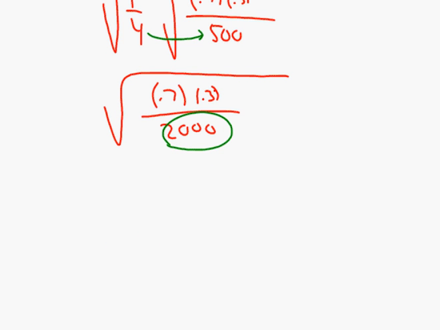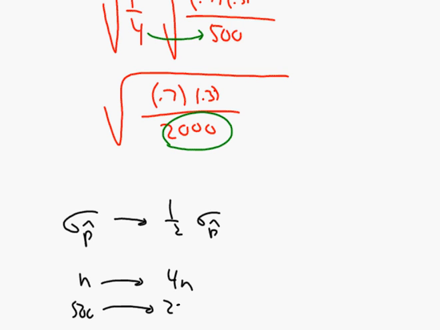If you want sigma of p hat to go to half of sigma of p hat, then just take n and multiply it by 4. Remember, we had 500 originally, and then it turned into 2,000. So if you multiply your sample size by 4, your standard deviation will become half of what it used to be.